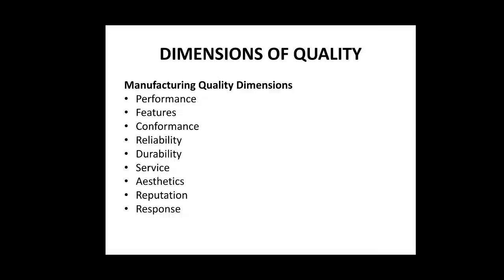Then reputation. The name the supplier has made over time. For an automobile, let us say Maruti Suzuki service. The service of Maruti Suzuki is very reliable; the company has made a name for its service over a long period of time.